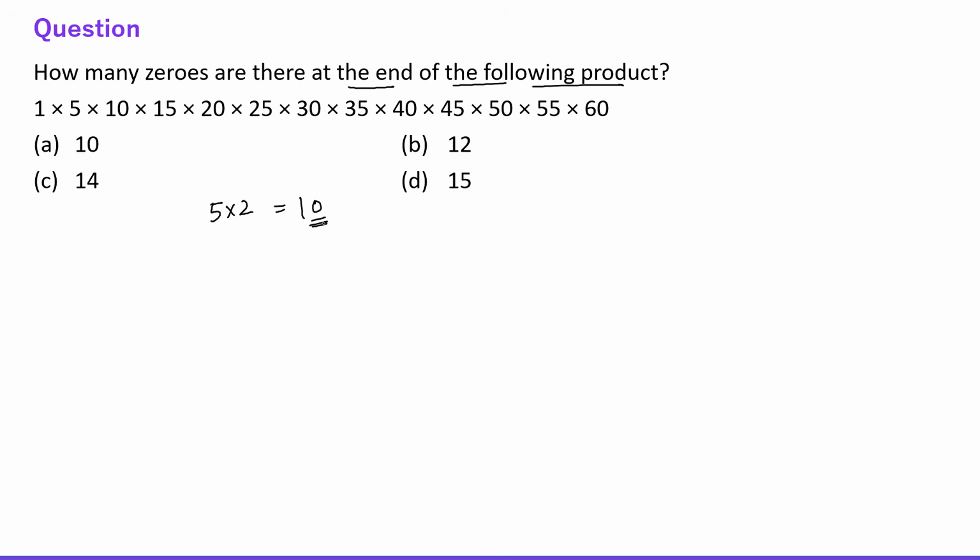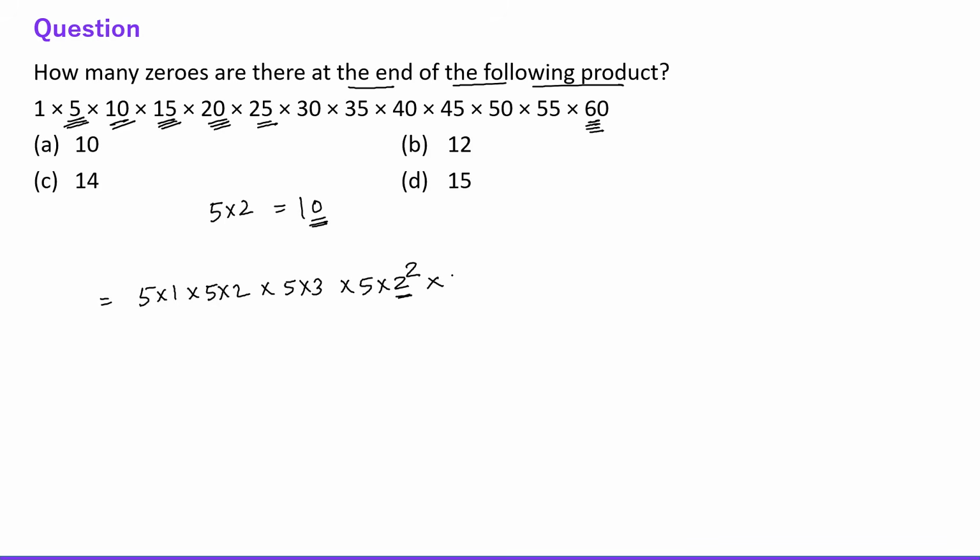In this question, this is 5 into 1, this is 5 into 2, 5 into 3, 5 into 4, 5 into 5, and so on up to 5 into 12. So 5 into 4 I am writing as 5 into 2 square. Why am I writing 2 square? Because I need to find the powers of 2.